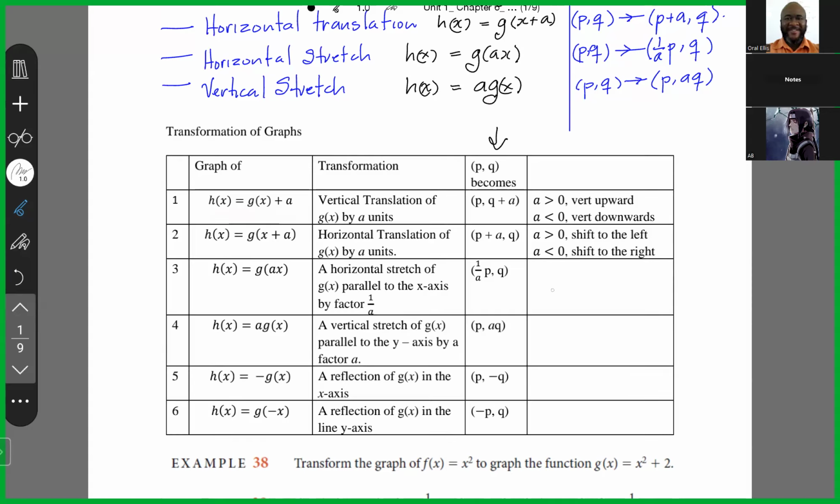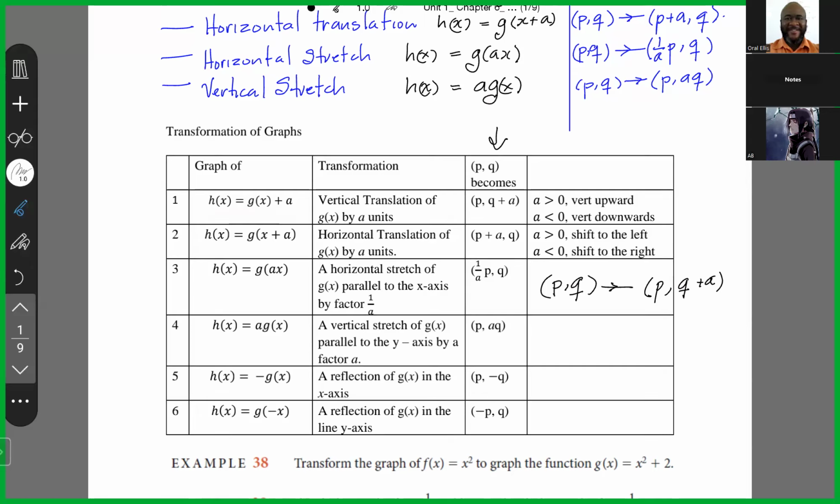So the point P, Q in a vertical translation is going to become the point P, comma, Q plus a. So in other words, the x coordinate remains the same and the y coordinate either increases or decreases by a.